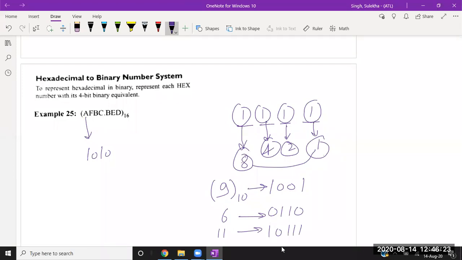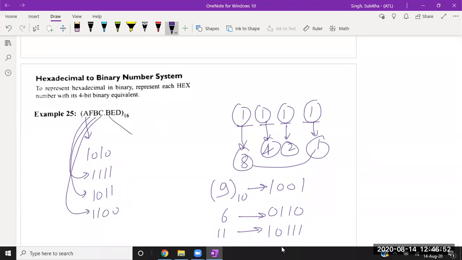Okay, most of you, all of you, are getting the correct answer. Basically you need to write A, then F, that is F1111. Then after this F, you need to write 1011, so that is 11. C is 12, so I am converting from here: 8 plus 4 is 12, so 1100.